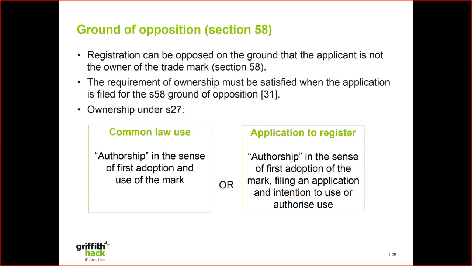So that combination is what catches people sometimes, because sometimes the adoption or the authorship might be in another entity or by another person, and it has to be with the party who's applying for the mark at the time of filing.